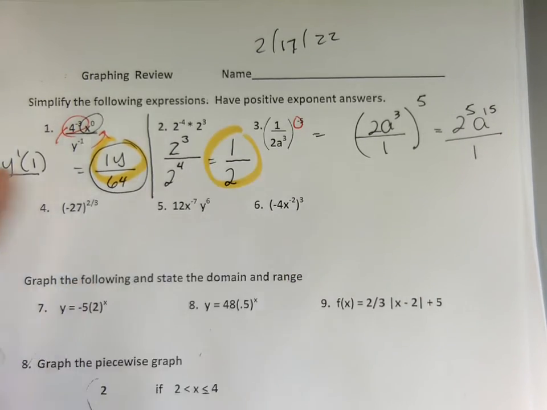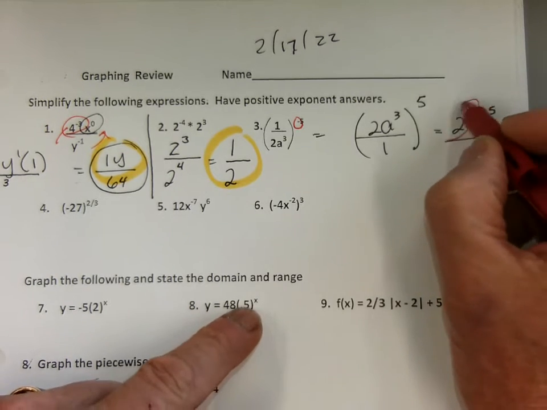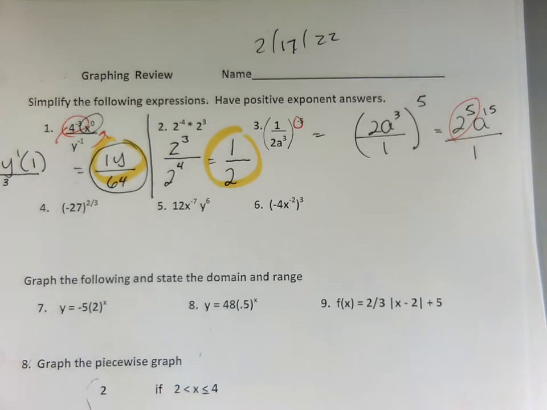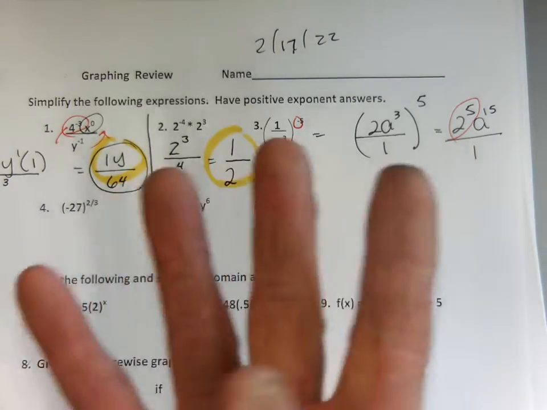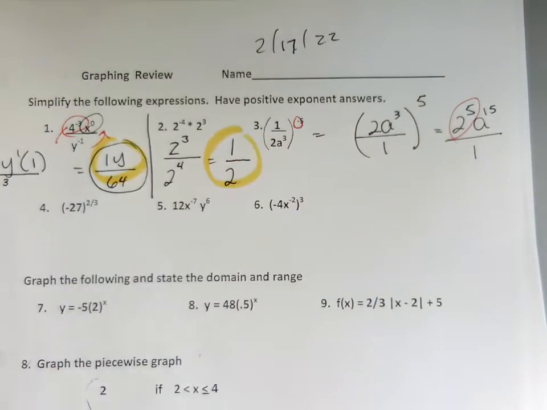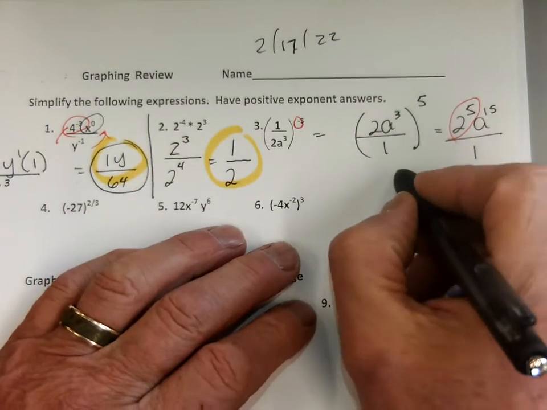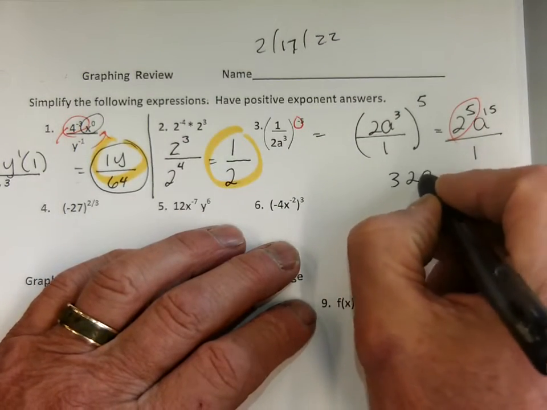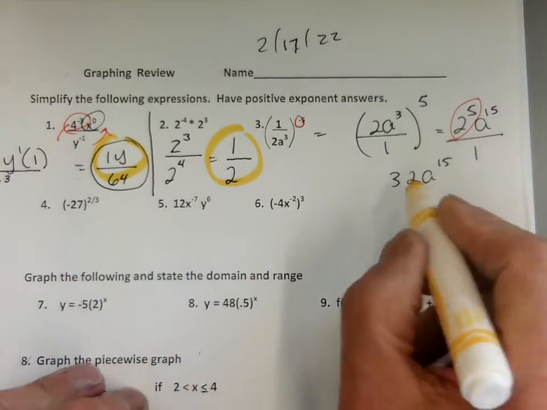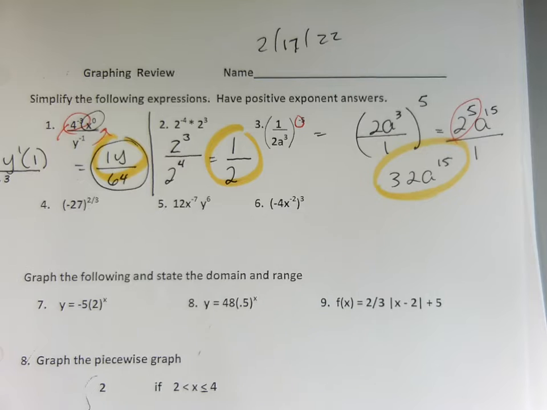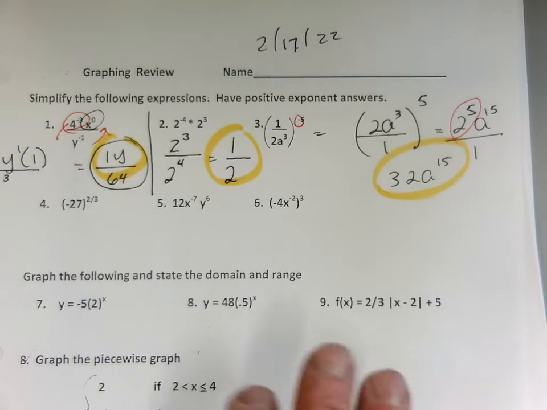All right, I'd like to tidy it up a little bit more because I know what 2 to the 5th power is. 2 times 2 is 4, times 2 is 8, times 2 is 16, times 2 is 32. So 2 to the 5th power is 32, a to the 15th. Over 1, but you know, over 1 is kind of redundant, so I'll just leave the 1 alone. You could put it over 1, but I don't want to.